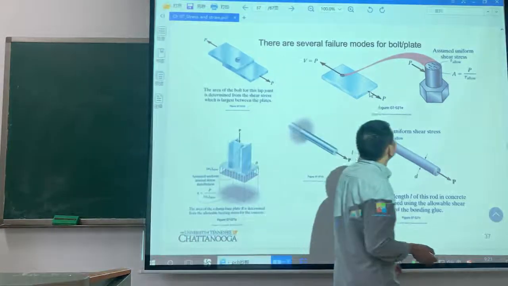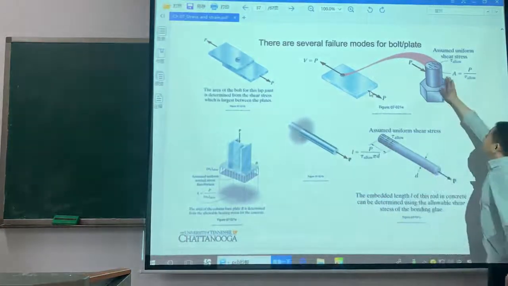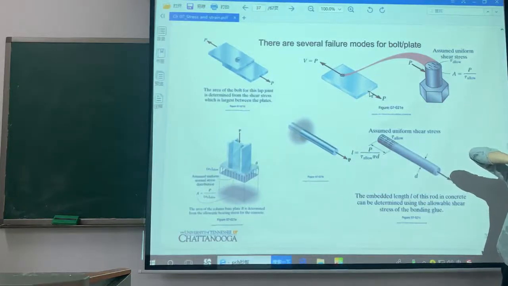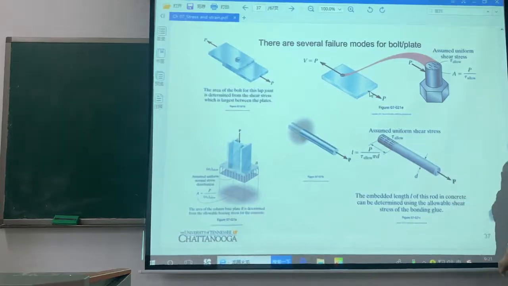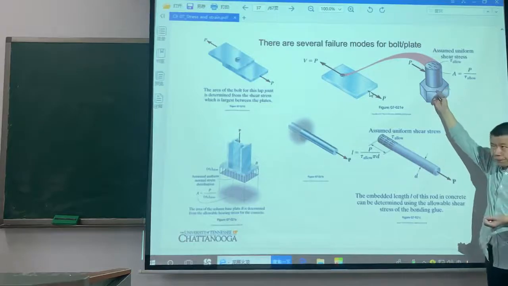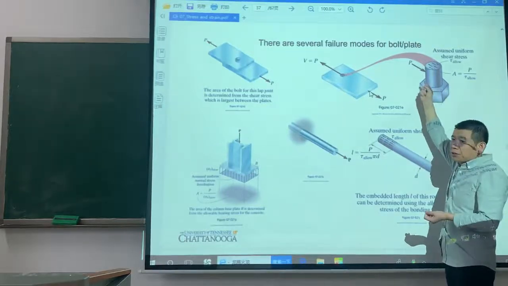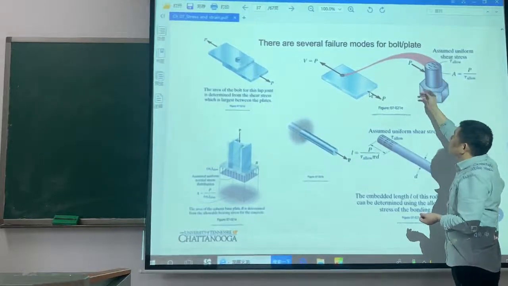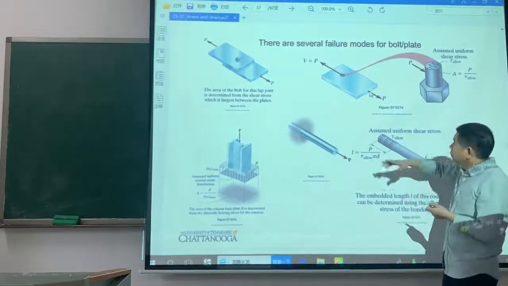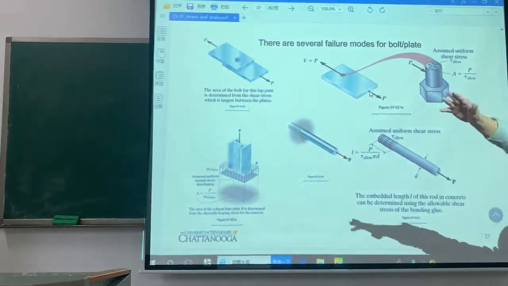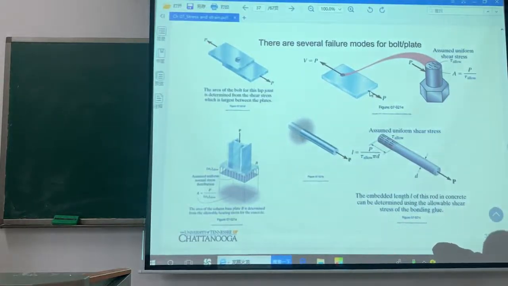This one, the stress in the pin may be more than the allowable stress. It means when the stress is more than the allowable stress, the bolt will be broken like this.